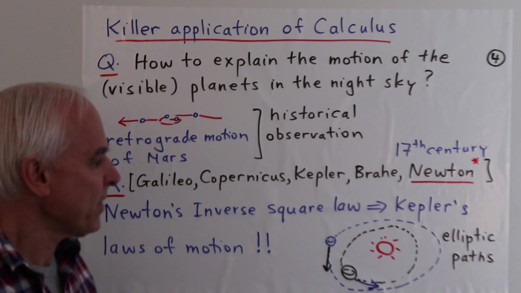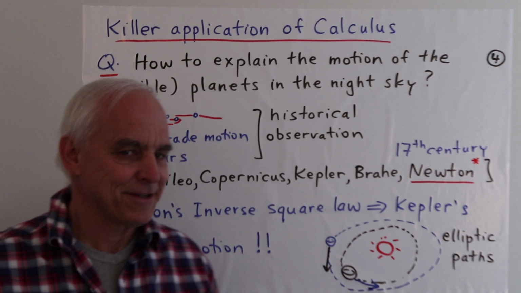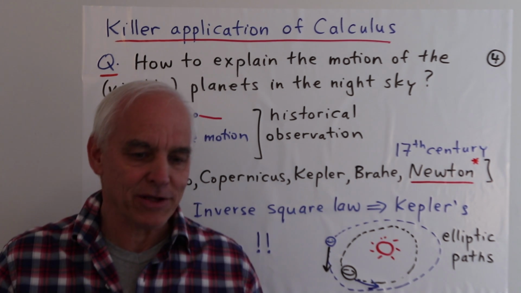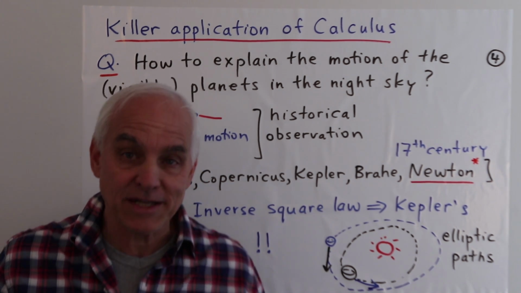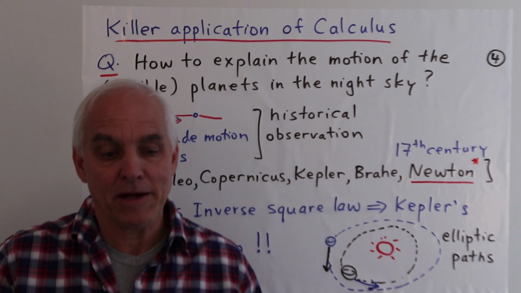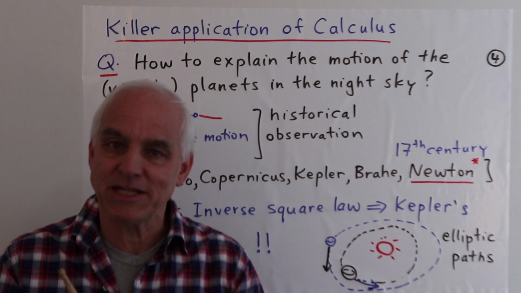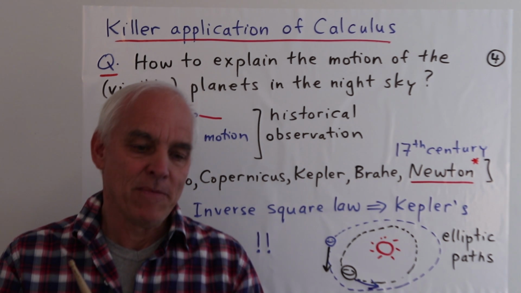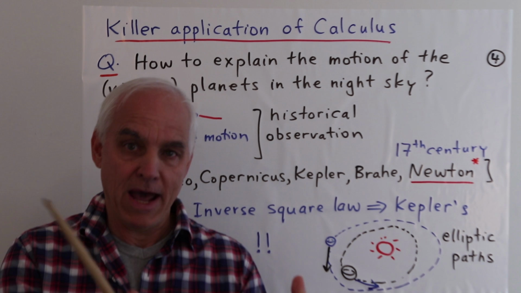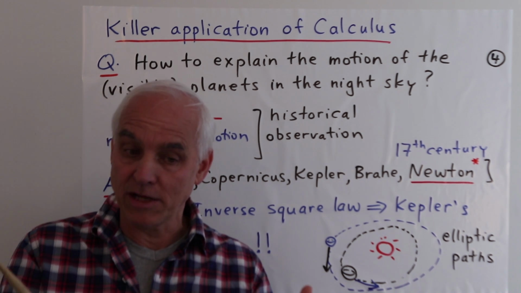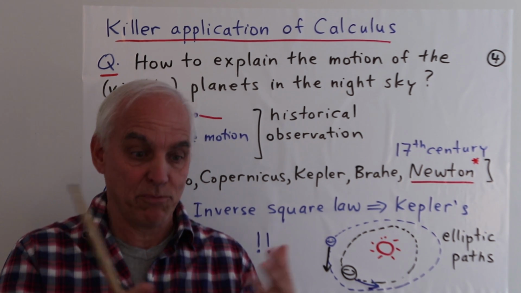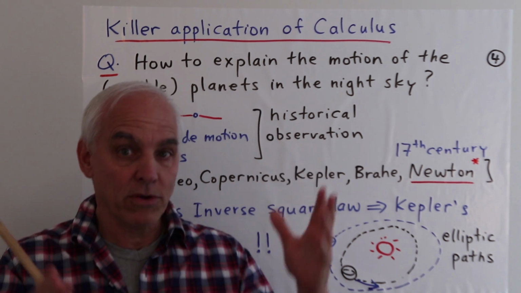Okay. So this was a hugely important application of the calculus. It was really the start of physics. It was really a mind-opening experience for 17th century scientists to realize that the laws of mathematics, relatively simple laws applied in the right way, could explain the way the world really works.